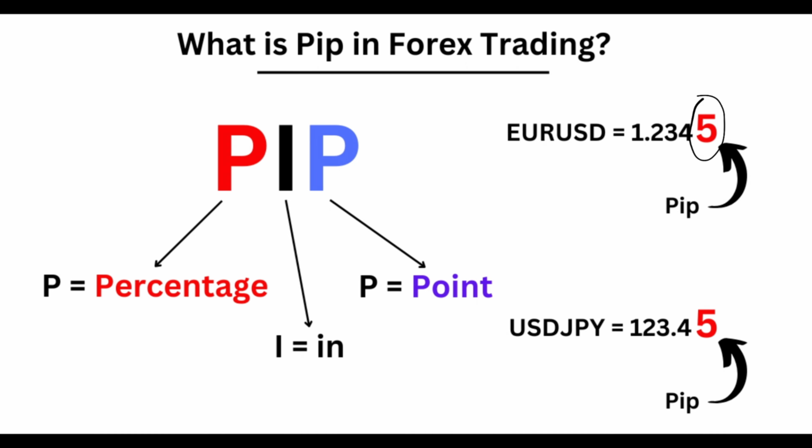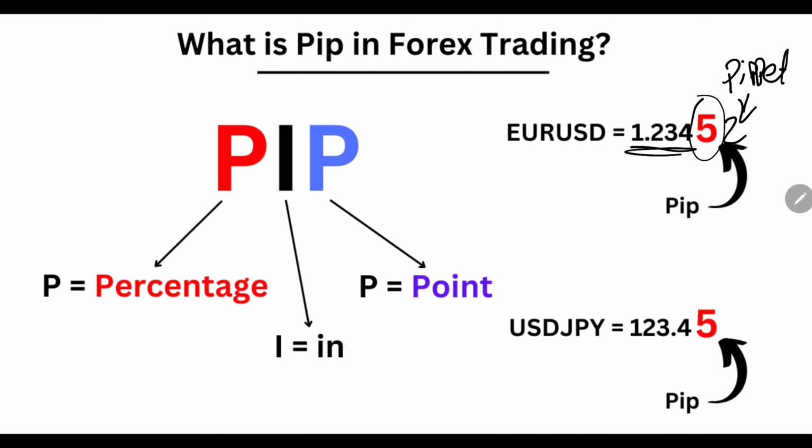So most of the time you will see five digits behind the decimal place. You might see, for example, a 2. So this 2 is considered as a pipette. The pipette is very, very tiny. It's like the smallest movement. For Euro USD, GBP USD, and some other pairs, this is how it's going to appear.